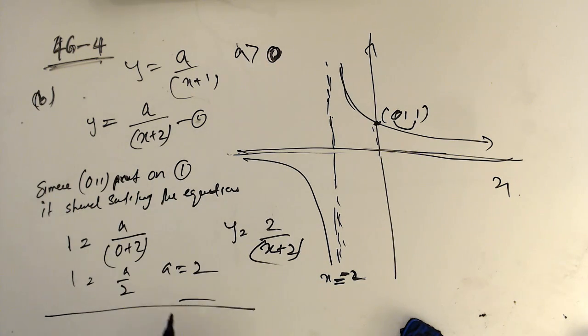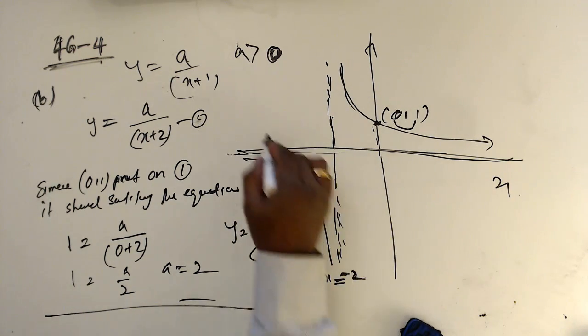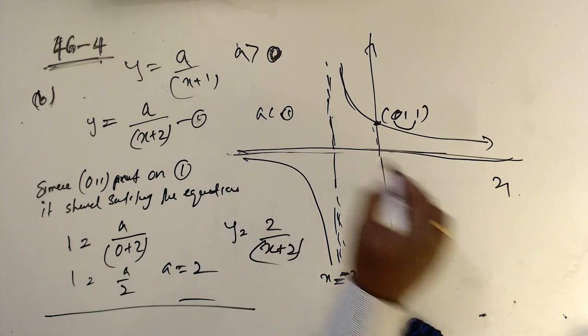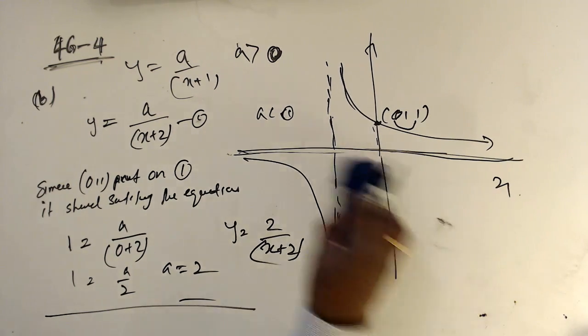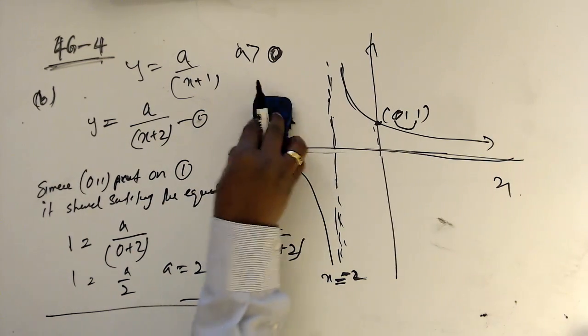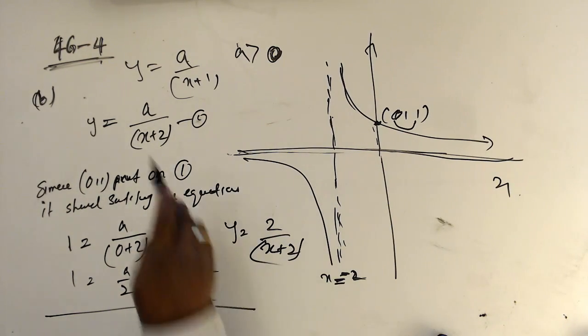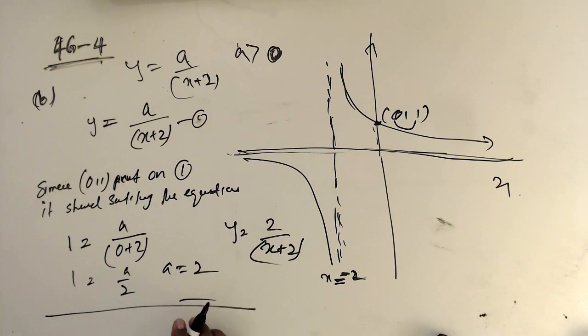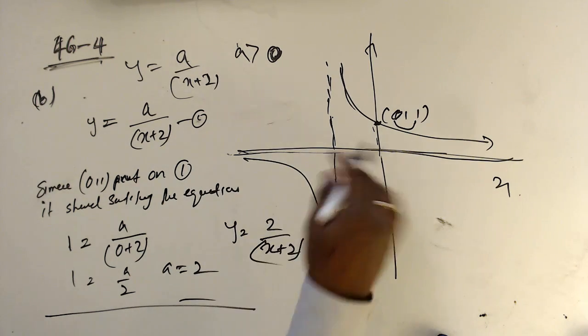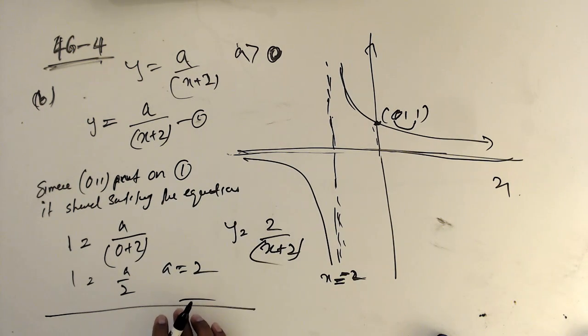Now this is a, and you found out the a. If a is less than 0, what will happen? The curve goes the other way around. So you want to tell that y equals a over x plus 2 form, and since a is greater than 0, this is the direction, and that's all basically.